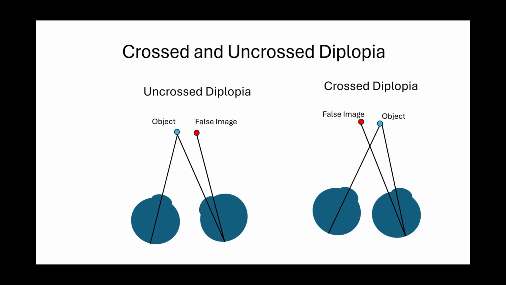Though the eye that is at fault is the right eye, the image falls to the left of the object, so we call it crossed diplopia. So to make it simple, if the eyes look crossed, the diplopia that happens is uncrossed, and if the eyes look uncrossed, the diplopia that happens is crossed diplopia.